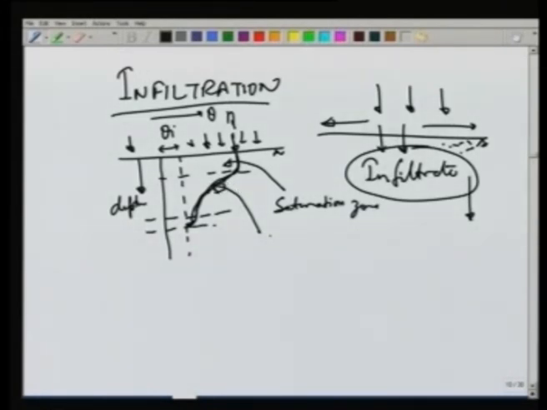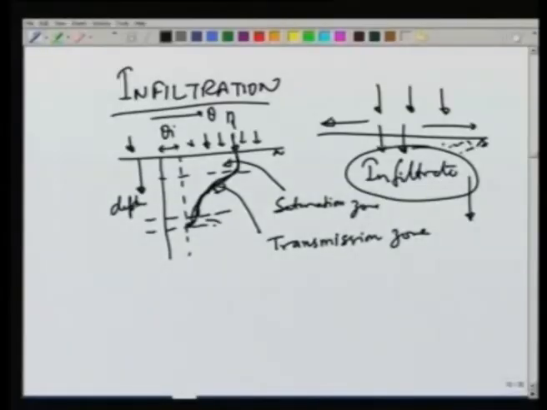So, this we can call the transmission zone. So, water is being transmitted or infiltrated, and partially filled with air, the voids are partially filled with air and partially with water.